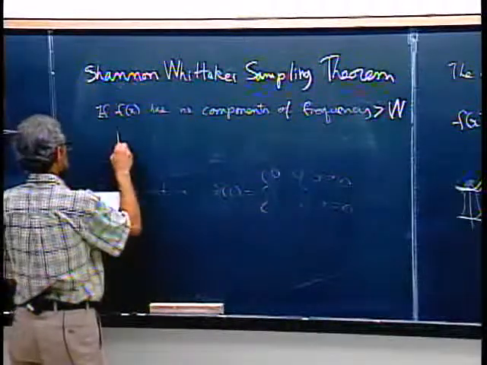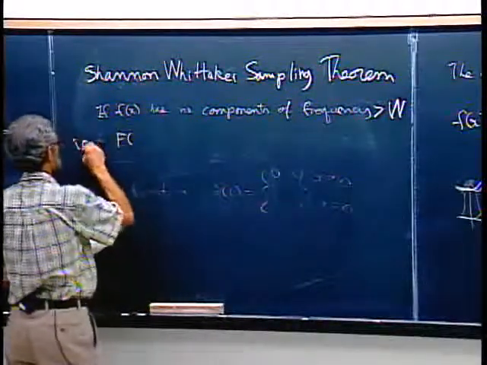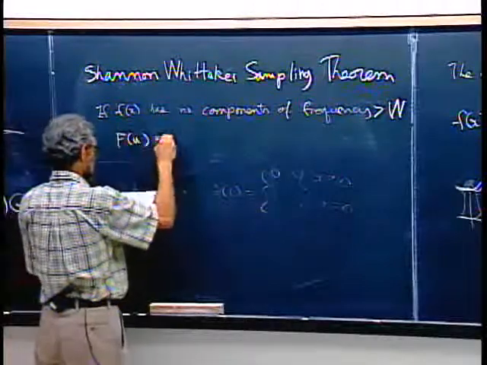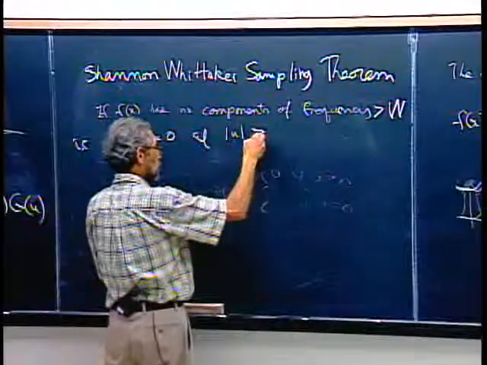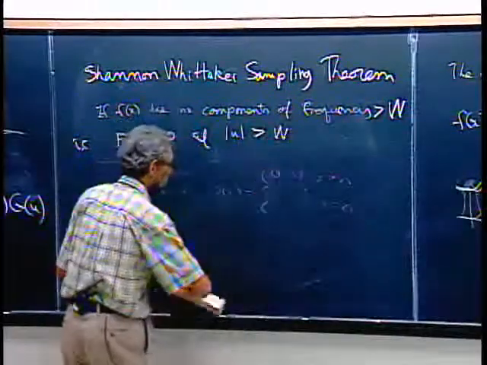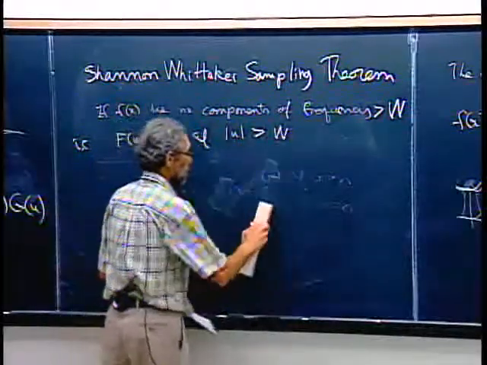So that means capital F equals 0 if the absolute value of u is greater than this W, which is the frequency limit.